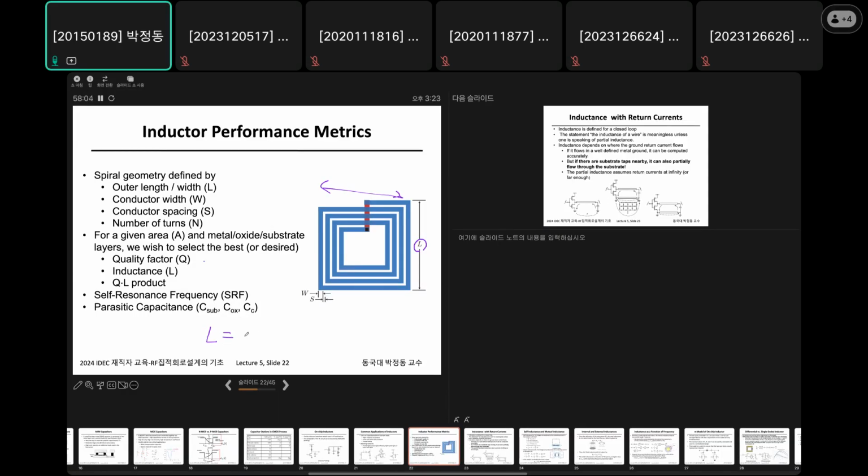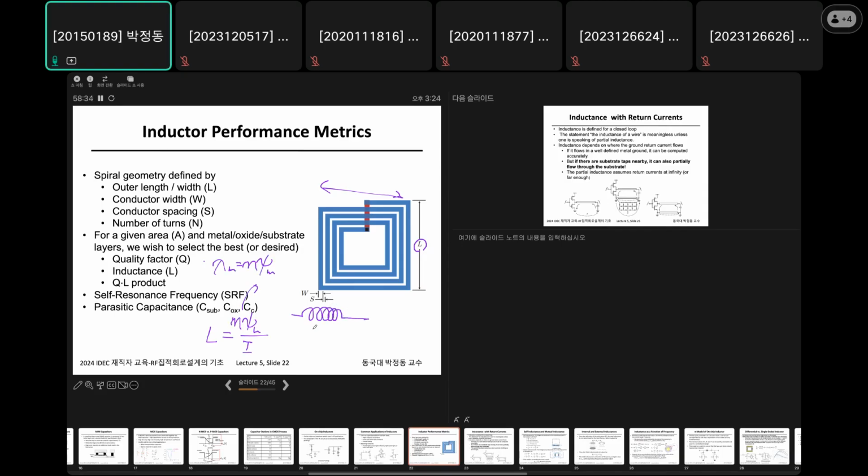Inductance is actually the flux linkage, the number of flux lines. Flux linkage is the number of coils times the magnetic flux, divided by I, the current. So let's say this is just a solenoid, something like this.